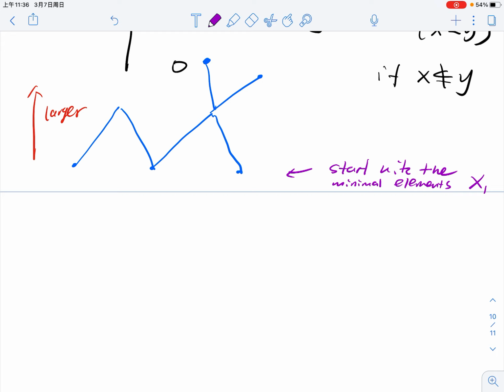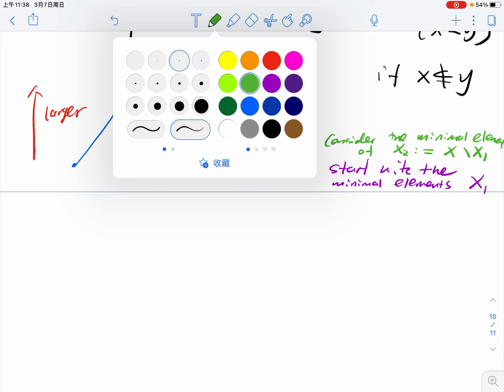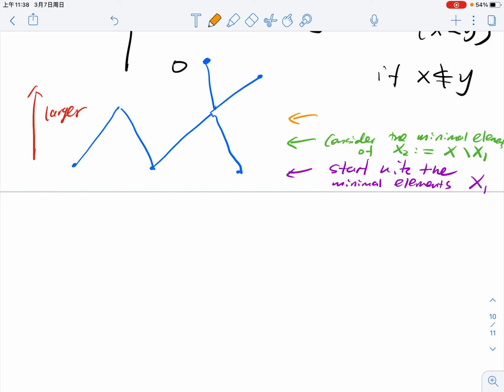And then next step, consider the minimal elements of X2, defined by X minus X1, and then consider the minimal elements.